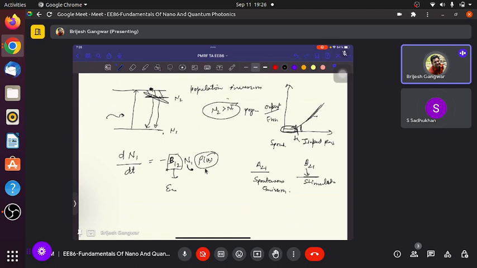But Einstein gave only three coefficients. One explains absorption, the second explains spontaneous emission, and the third stimulated emission. Because stimulated absorption is not possible. Why? Stimulated absorption.